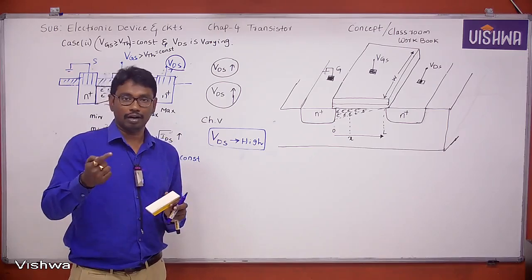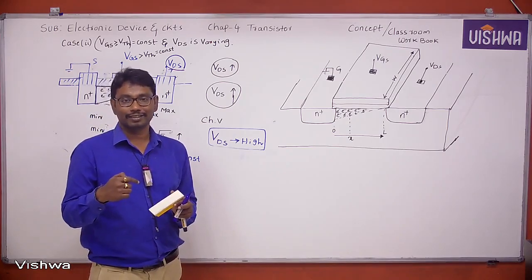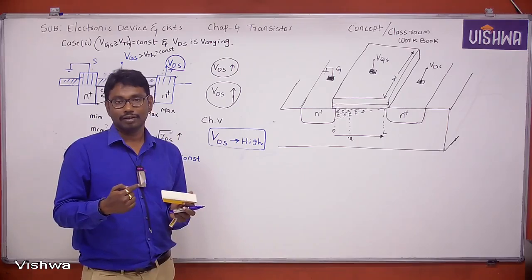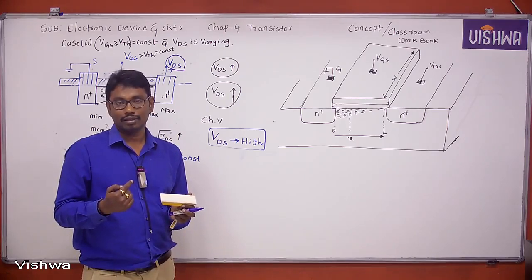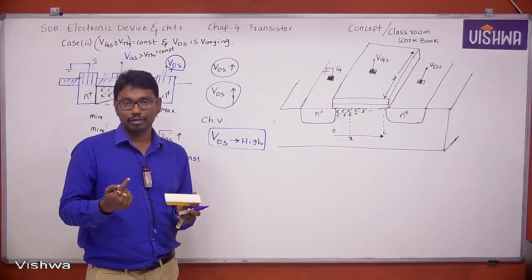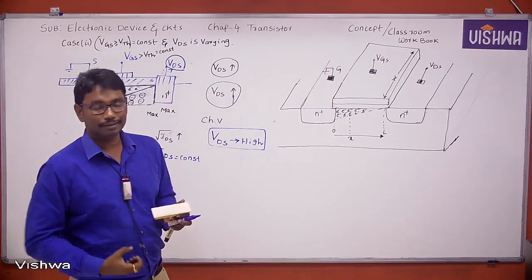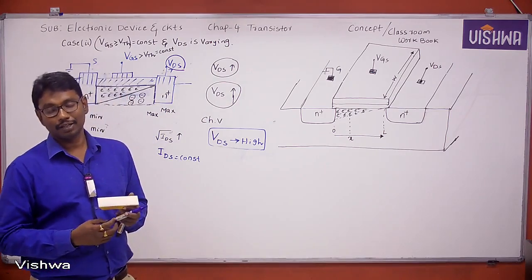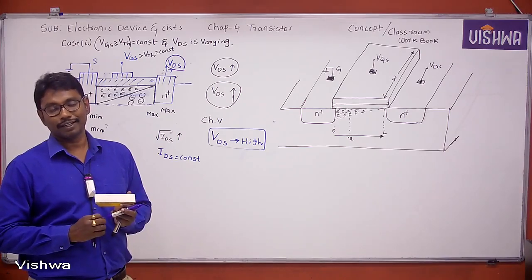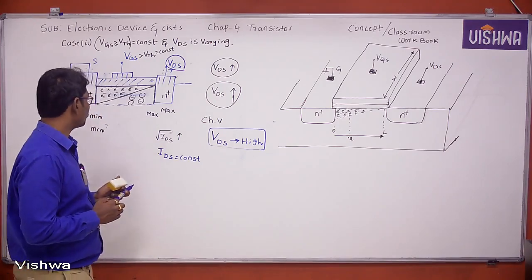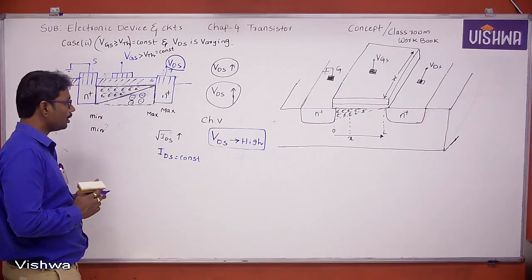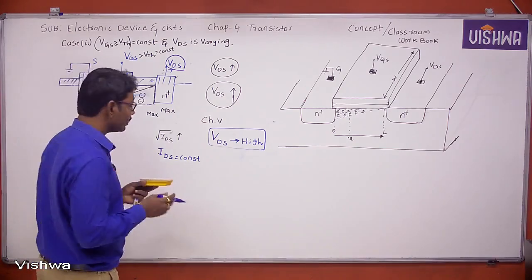But the channel at the source end is maximum, due to which a few electrons get attracted towards the drain end and produce a constant IDS. Underline constant IDS.